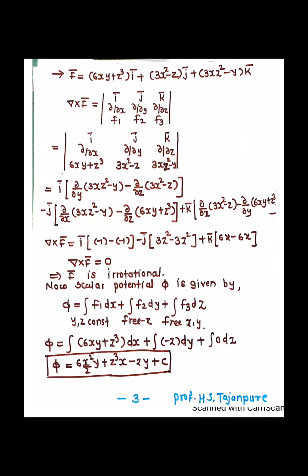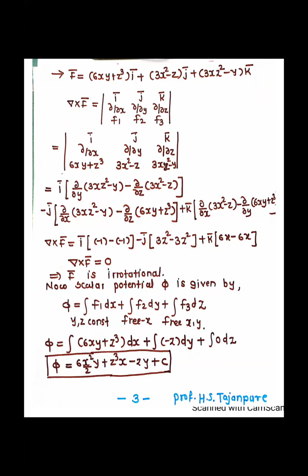So del cross f bar is given by the determinant: the first row i bar, j bar, k bar. In the second row, del by del x, del by del y, del by del z. And in the third row, f1, f2, f3. Now compare the given f bar with f1 i bar plus f2 j bar plus f3 k bar and substitute the values of f1, f2, f3 here.